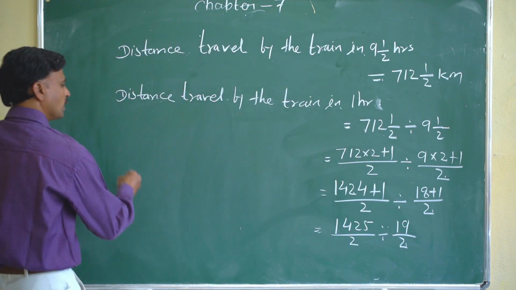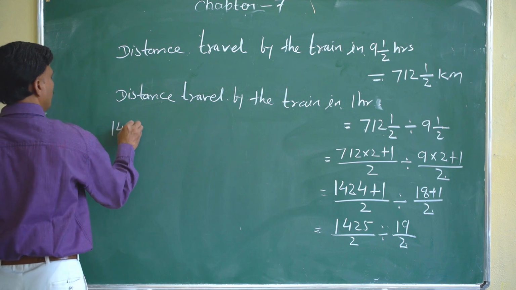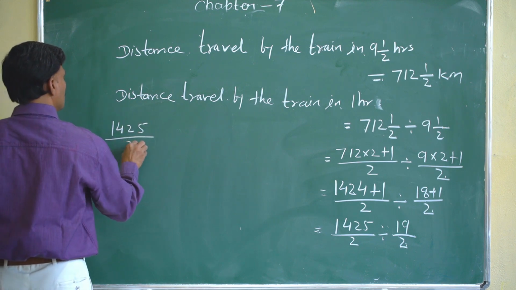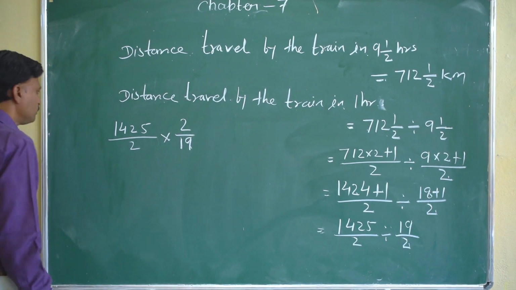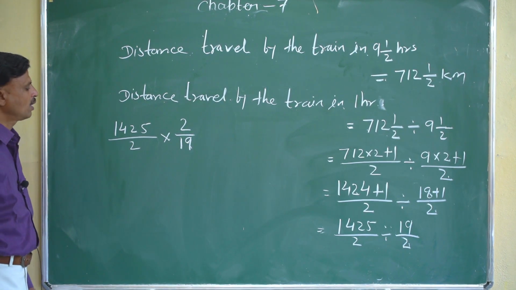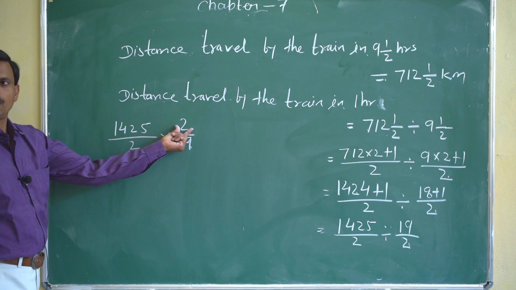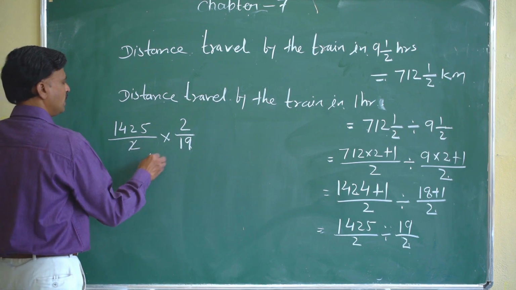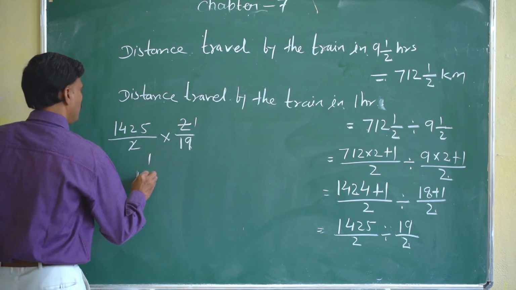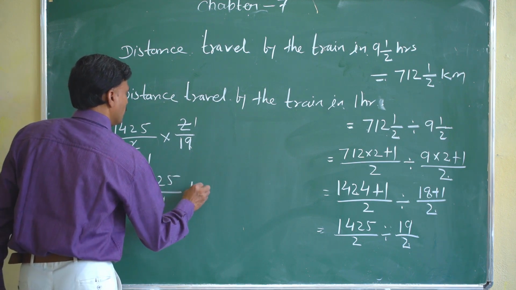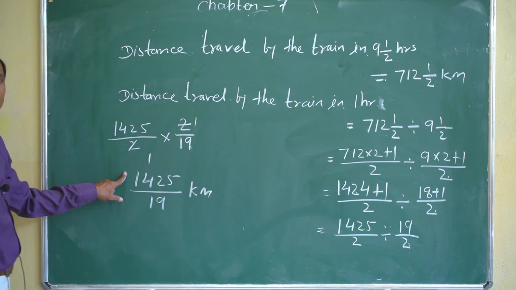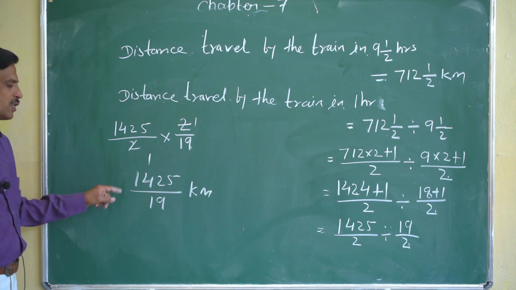Solving here, it becomes 1425 upon 2 multiplied by 2 upon 19. Okay, so this 2 will be cancelled by this 2. 1425 upon 19 kilometer.